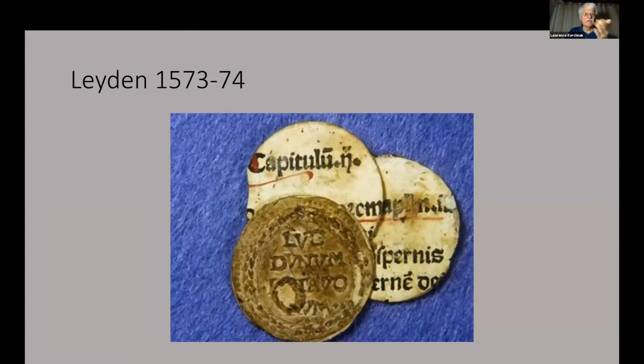The siege of Leyden in 1573-74 produced some very fascinating things. This is something I think is interesting, and one of the things that I had wrong in the article, but I had it wrong because essentially every other previous reference work had it wrong.